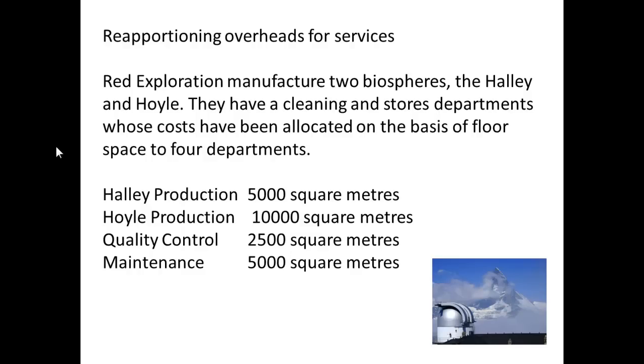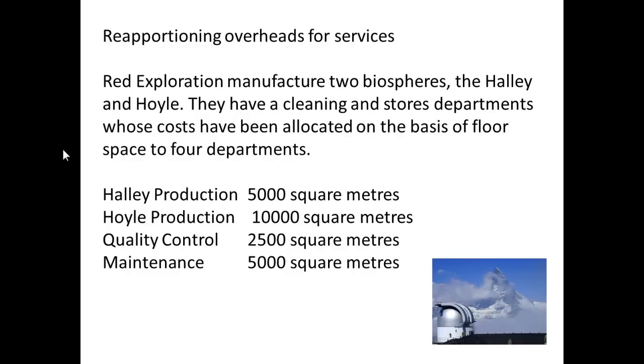Now sometimes it's necessary to go even further and do what we call reapportioning. So we're going to look at a reapportioning example for Red Exploration, producing biospheres, the Halley and the Hoyle. They have cleaning and stores departments, and costs so far have been allocated on the basis of floor space to 4 departments: the Halley production area, Hoyle production area, quality control area, and maintenance area.